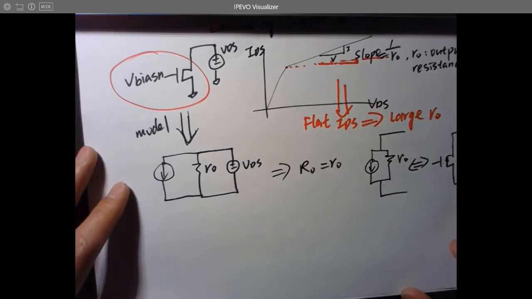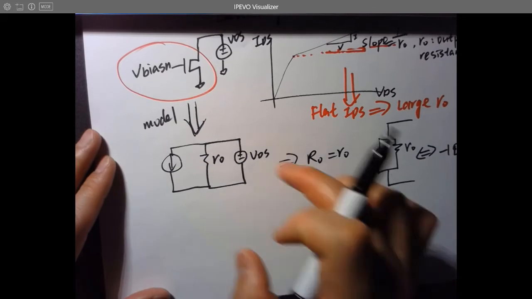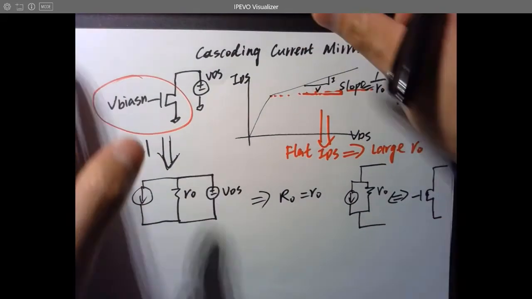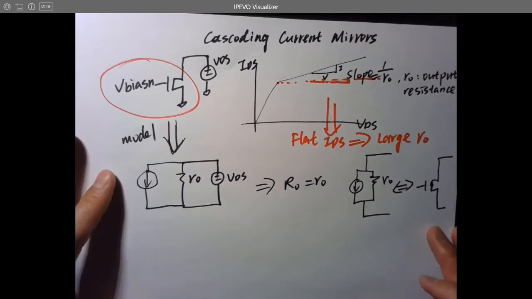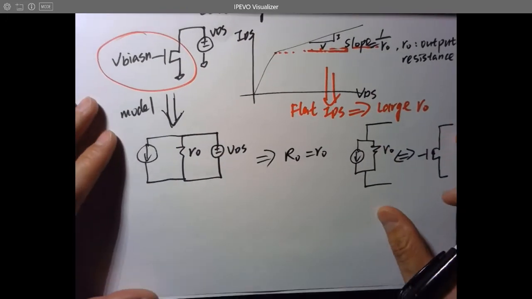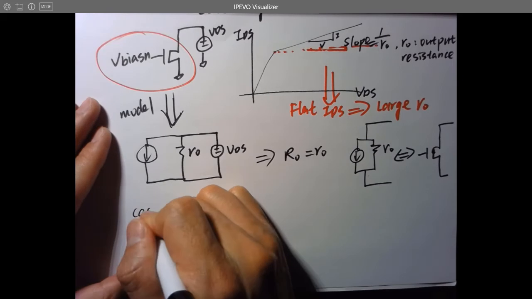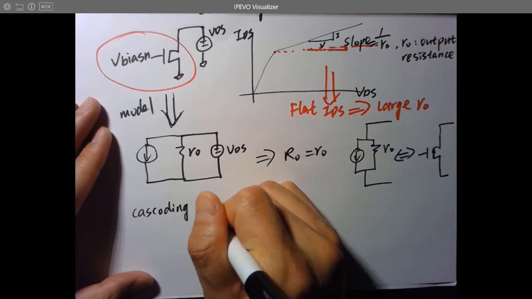That's how we model that. All right, so given this conclusion, we are trying to find out how we can increase the output resistance of the NMOS. The way to do that is we can put two together in series. It's called cascoding NMOS.